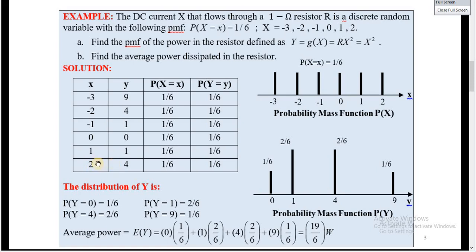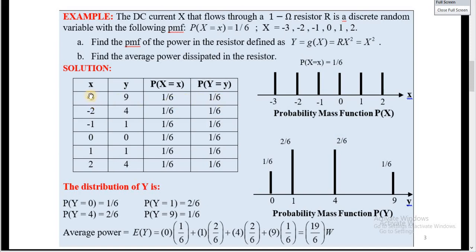So there are two sources for y equals 4. The first source is when x is 2, and the second is when x is minus 2. So the probability that y is 4 is the probability that x is minus 2 plus the probability that x is 2, and the probability that y equals 4 is 2 over 6.